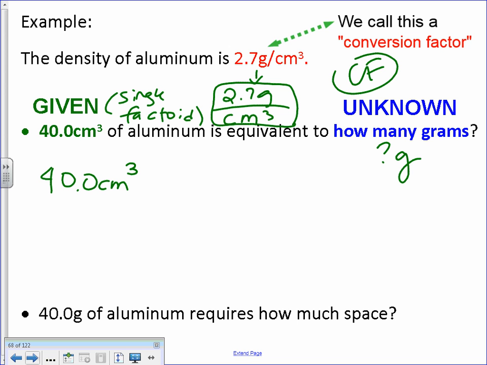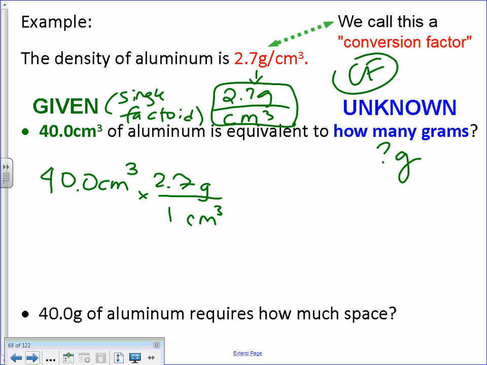If I need to take this and put it here, and I put it directly as it's written, is that going to serve its purpose of canceling units? Yes or no? If I put the gram on top and the centimeters cubed on bottom: yes, because I need the centimeters cubed to cancel with these centimeters cubed. And that 2.7 is sticking to the gram like glue. You can't move it. And that 1 is with the centimeters cubed.